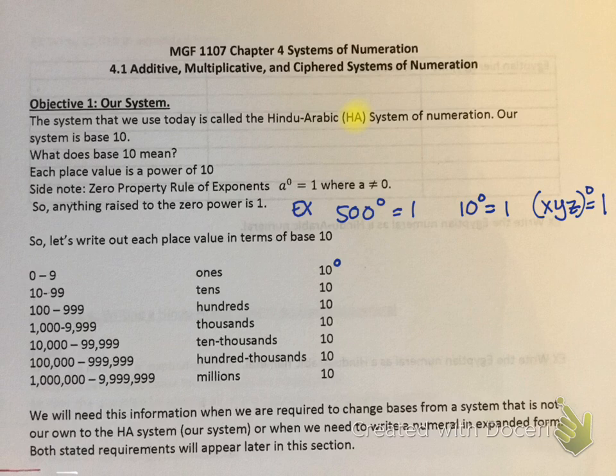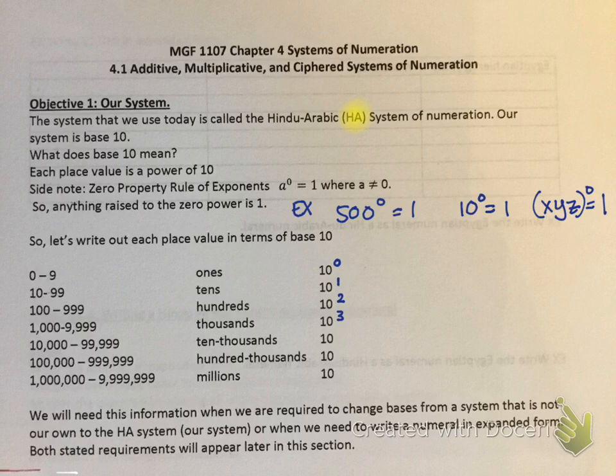The next place value up is the tens position, 10 to 99, and I represent that as 10 to the first. The hundreds position is 100 to 999. This is going to be 10 to the second. The thousands position is 1000 to 9999, and that's represented as 10 to the third.